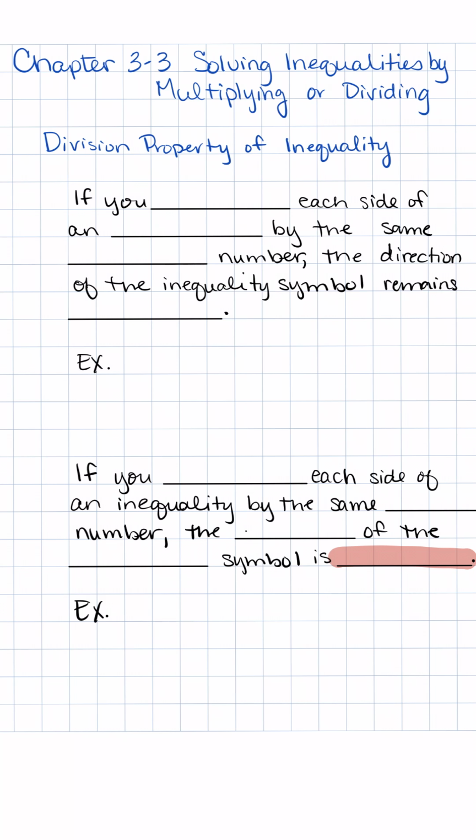If you divide each side of an inequality by the same positive number, the direction of the inequality symbol remains unchanged.